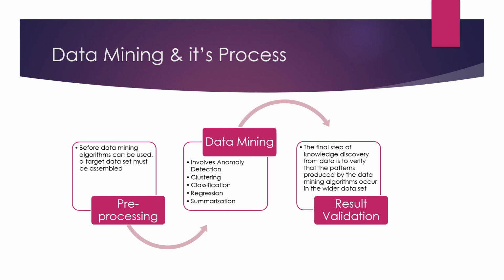Result validation, the final step of knowledge discovery from data, is to verify that the patterns produced by the data mining algorithms occur in a wider data set. Those are the points of data mining and its process.